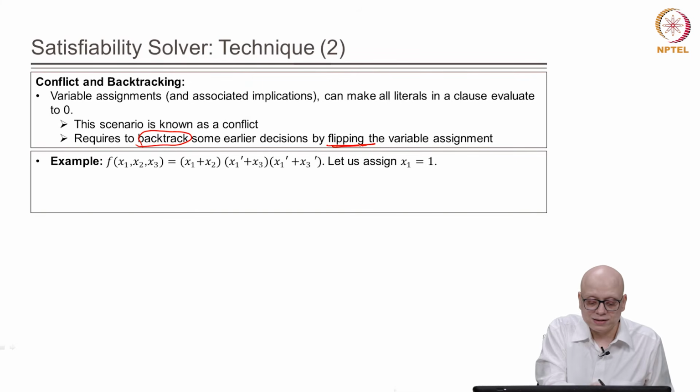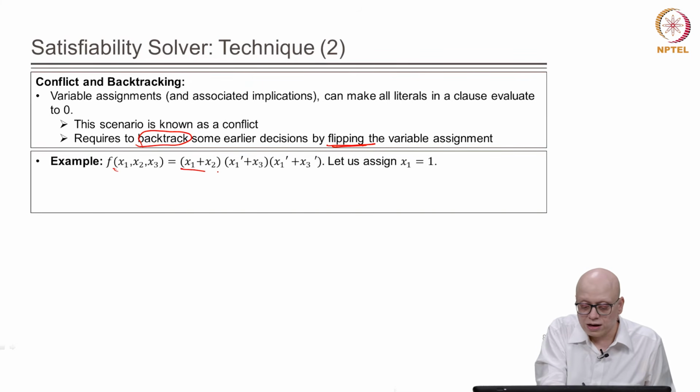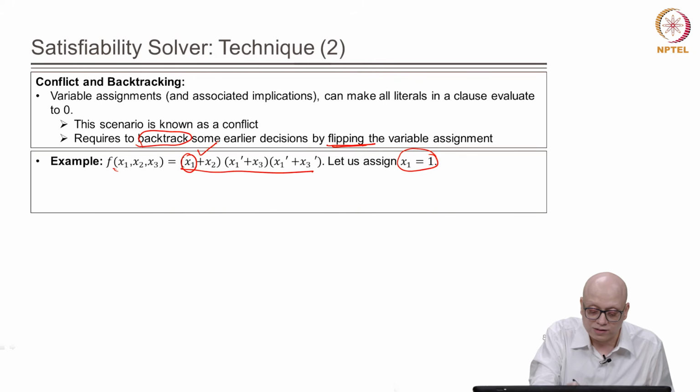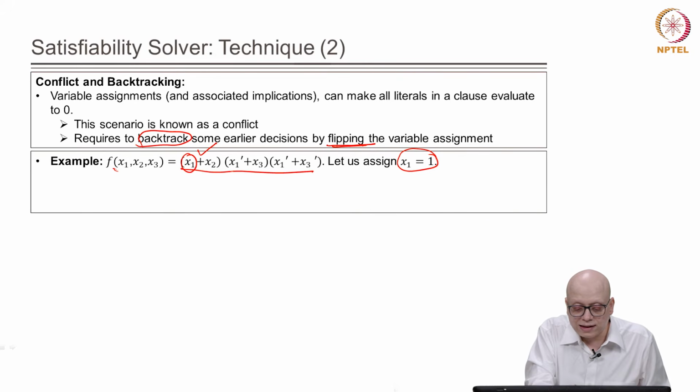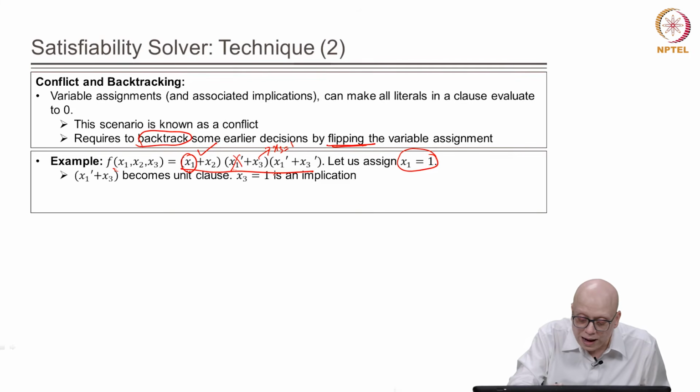Now, for example, in this Boolean function, if we assign x1 is equal to 1, this gets satisfied, no issue. In this case, x1 dash becomes 0, so we are forced to assign x3 is equal to 1. Now, what happened?